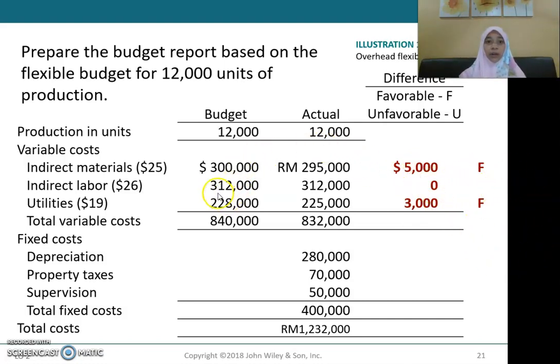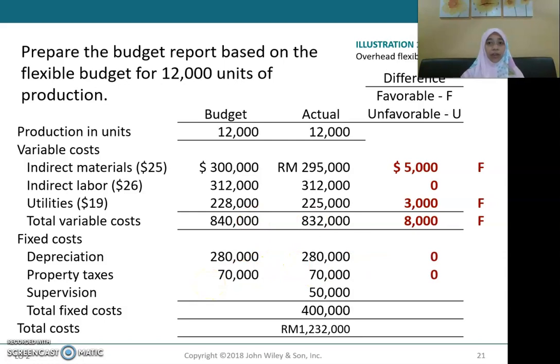Then you compare your indirect labor, there is no difference. And when you compare your utilities, again you incur a lesser amount. You should have spent 228 based on the budgeted figure, but in actual fact, you only spent 225. That is a favorable variance. But if you look at your fixed cost, there is no difference.